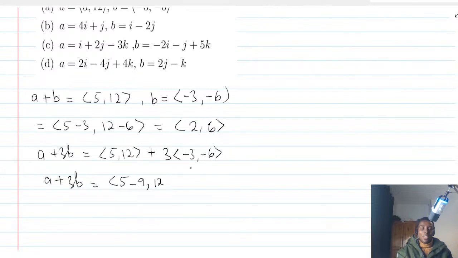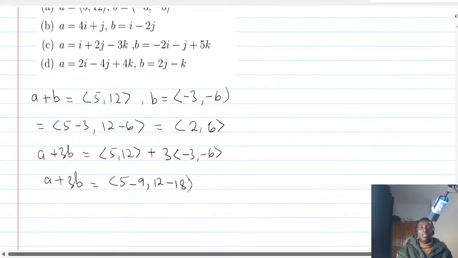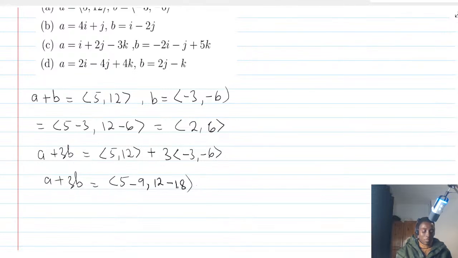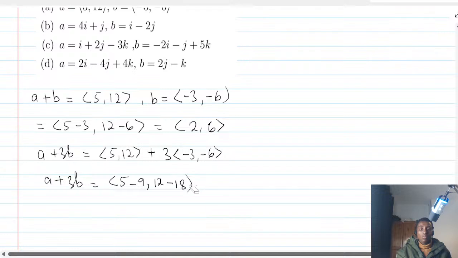Plus 3 times minus 6 is minus 18. So what do we get?